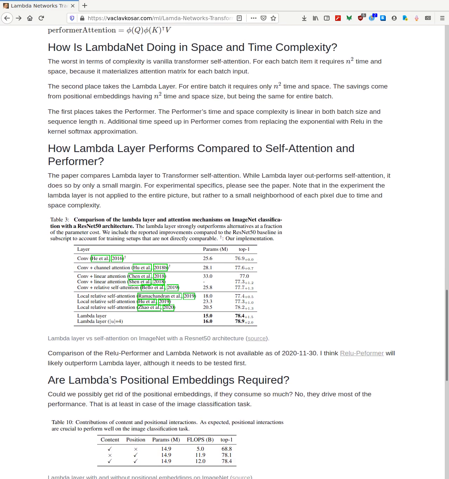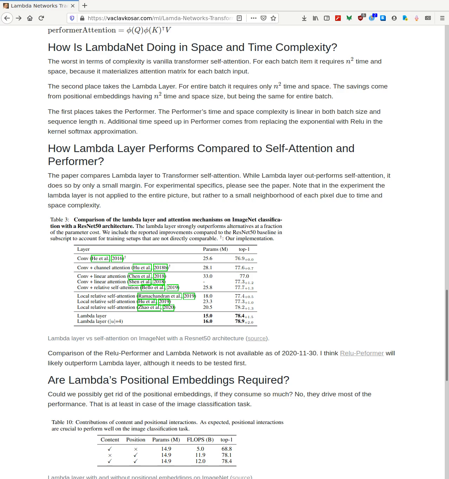How is LambdaNet doing in the space and time complexity? First, in terms of complexity, is vanilla transformer self-attention. As I mentioned, it's squared in time and space because it materializes the attention matrix, and it does so for each patch input.